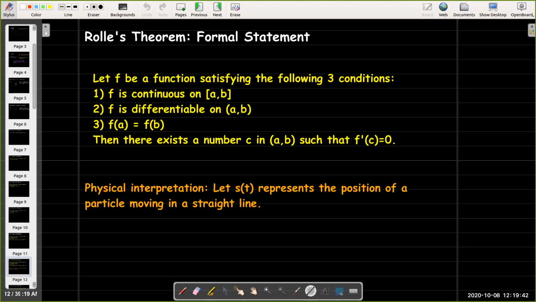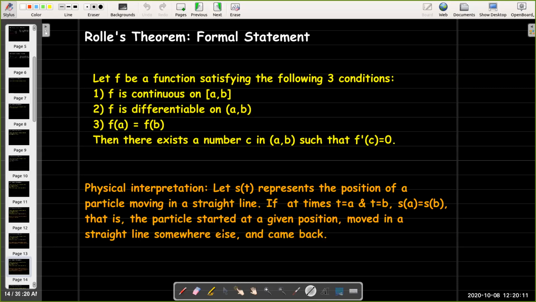We can also think of this in terms of a physical interpretation. If we have a displacement or position function S of t, and it represents a particle moving in a straight line, if you have 2 different times where you have the same position, so at time equals A and time equals B, then the particle must have started at a given position, gone somewhere else, and then came back to the same position.